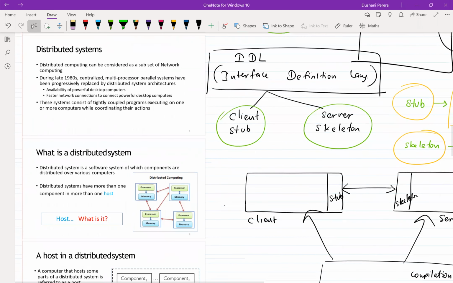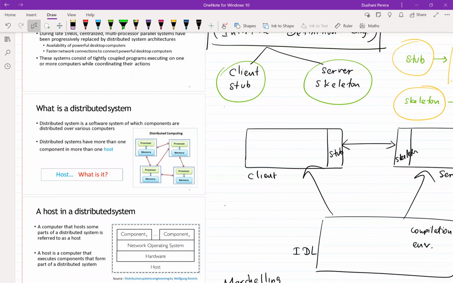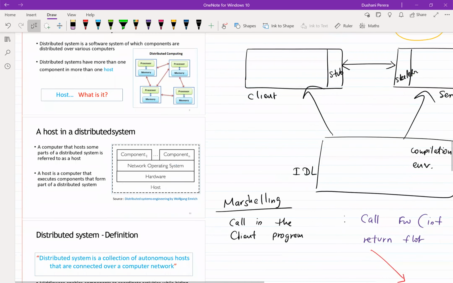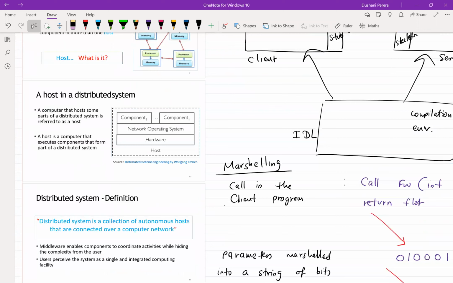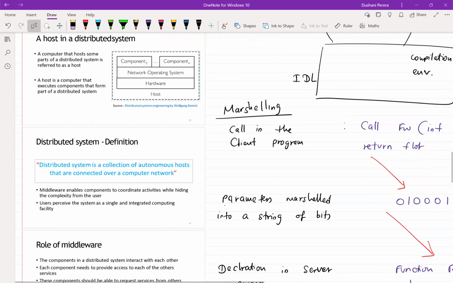The components are basically distributed, and a computer that hosts certain parts of this system is referred to as a host, which is basic understanding.